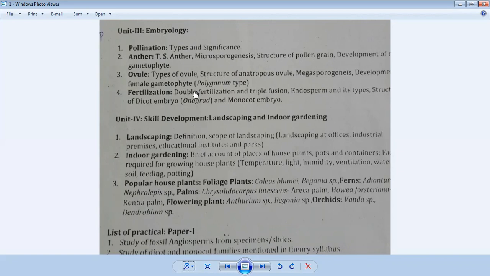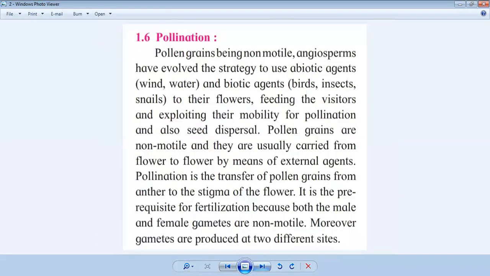And the last topic is fertilization, which is double fertilization and triple fusion, endosperm and its type, structure of dicot embryo, Onagrad type, and a monocot embryo. So all these points are involved in Unit number 3.